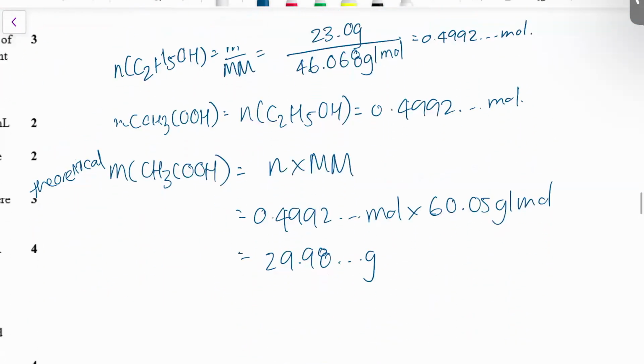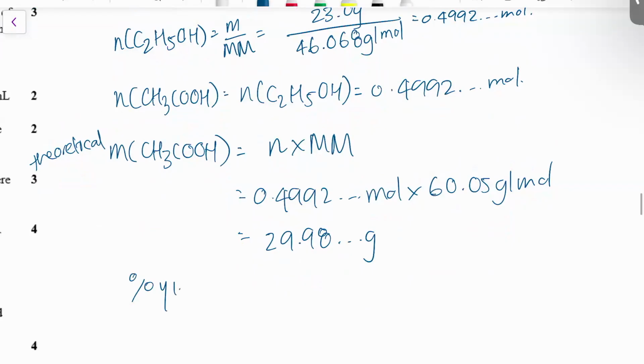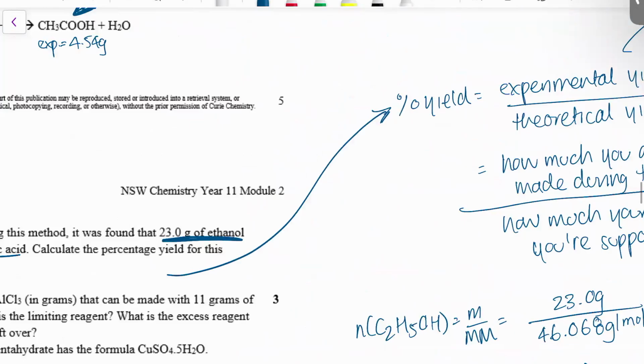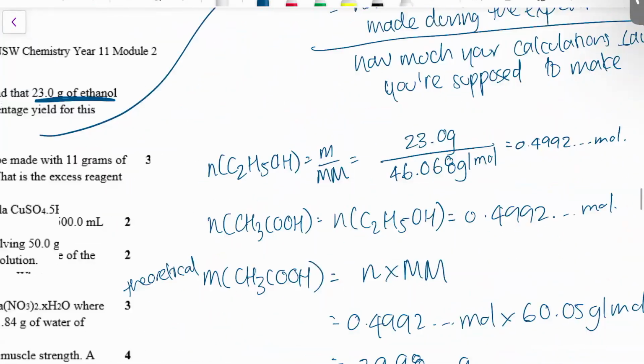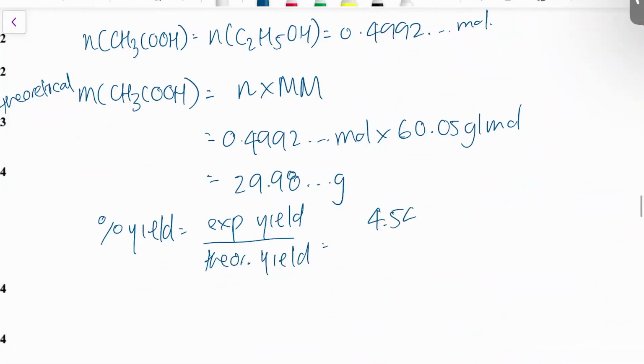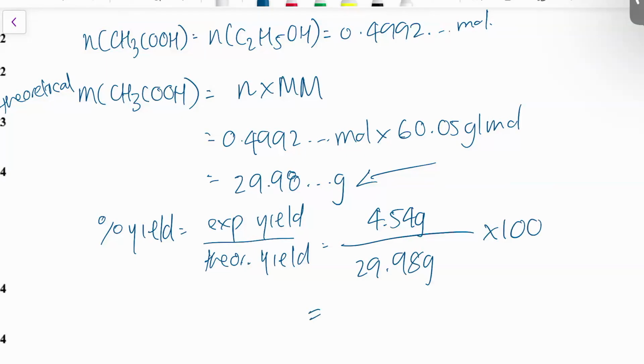I've got my theoretical mass now. I'll just pop it back into my equation. So percentage yield is experimental yield over theoretical yield. The experimental yield, they told you they made 4.54 grams of said acid. And then your calculations tell you were supposed to make 29.98. What's the percentage that they actually made?